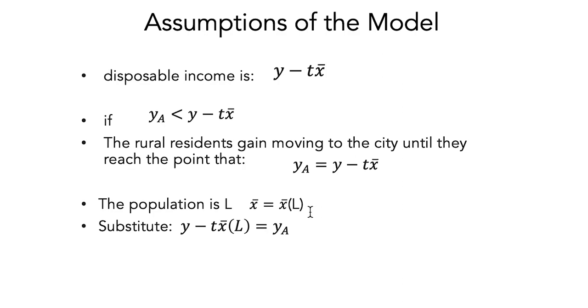In a country with low rural income, rural-urban migration will not stop until the city has reached a large population size. This large population means a longer commute. And if you have a longer commute, then this number grows, and therefore you have a lower disposable income. This will push the standard of living down to the rural level to even both incomes. Therefore, this model predicts that developing countries with low rural incomes will have especially large cities, and in the end, both incomes will be equal.